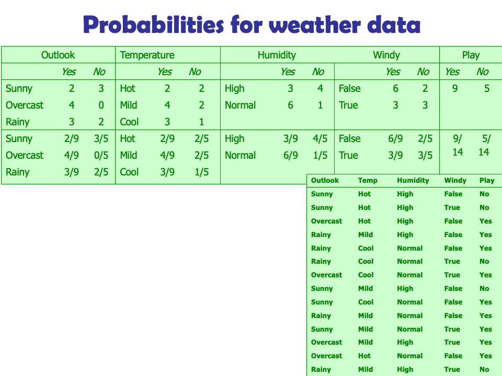Now I do the frequency count again. So sunny, yes, you go to your database and tell me how many sunny and yes we have. You just do the count from outlook equals sunny and play yes. 2. How many overcast, yes? 4. Are you counting or just reading it?